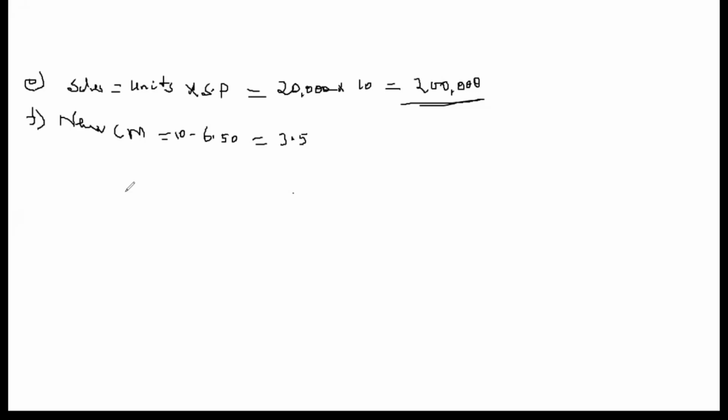So new contribution margin is 3.5, and new fixed cost is equal to 70,000.